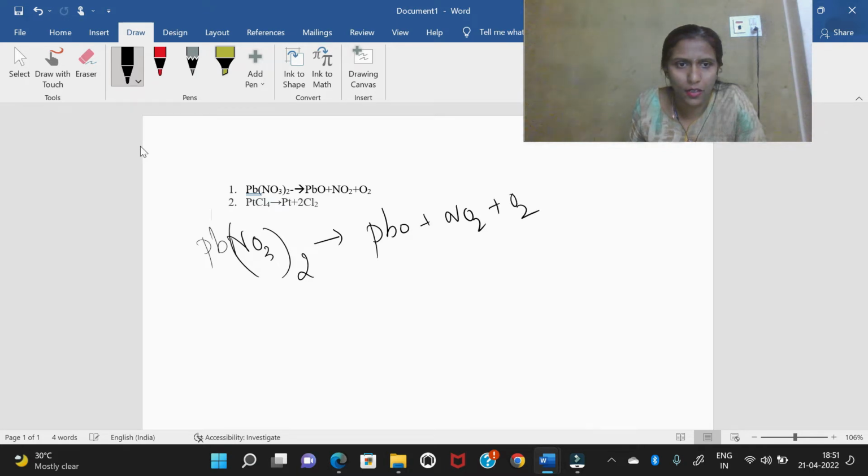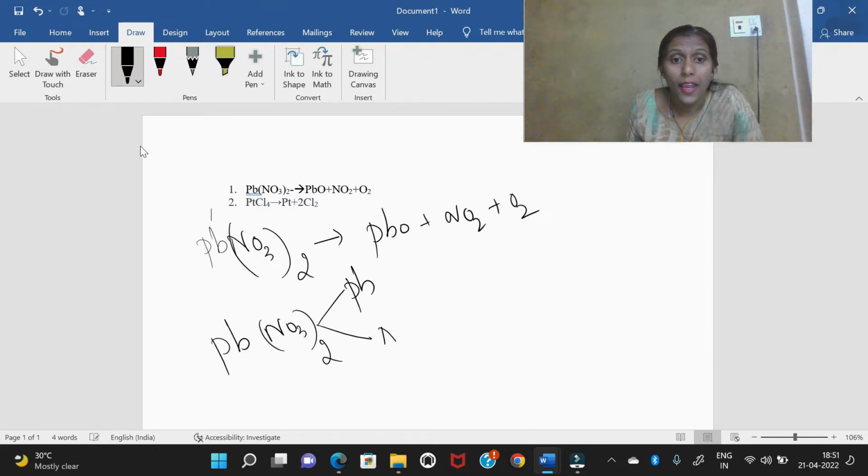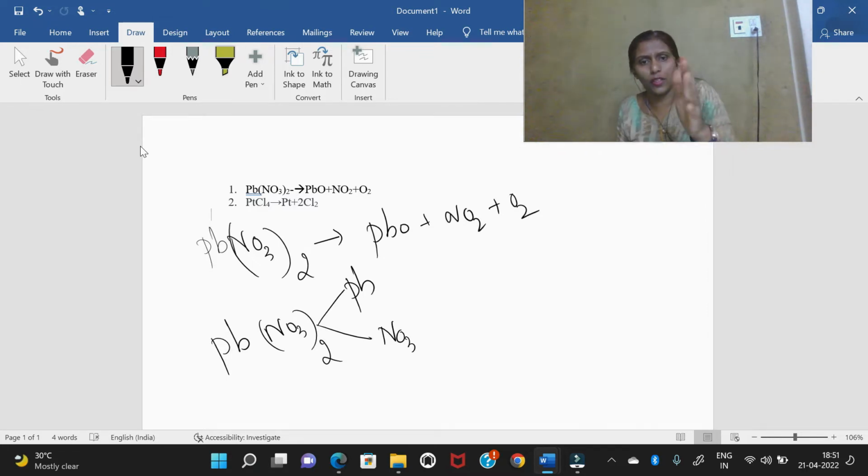We are discussing this now. If you look, the supply for this area is so much, NO3. It means 1 kg of Pb, NO3, it is one packet in which N and O3 are there. That is how many kgs? 2 kgs.